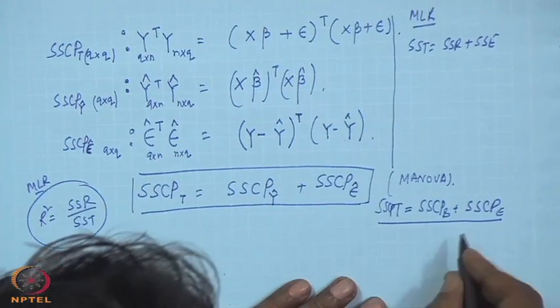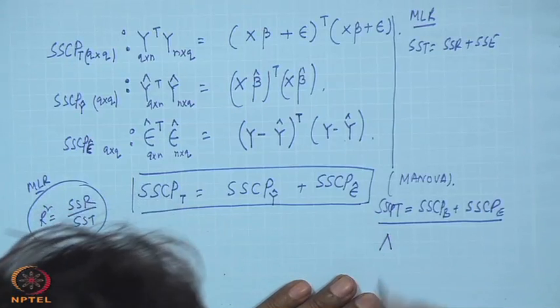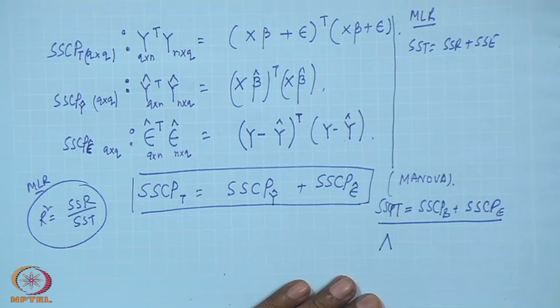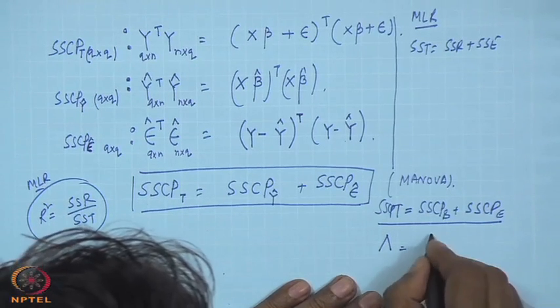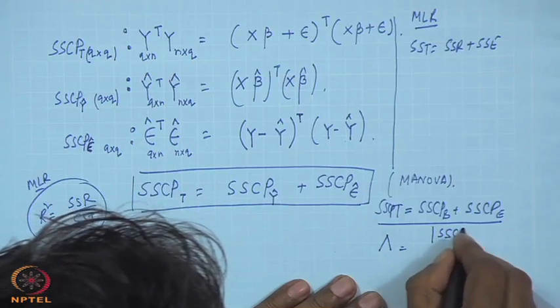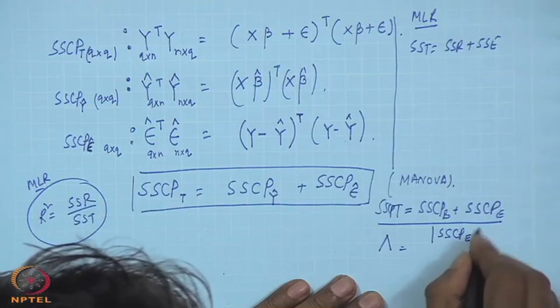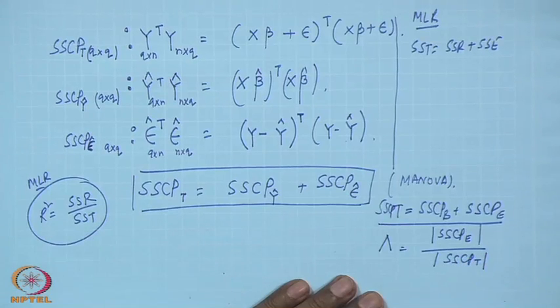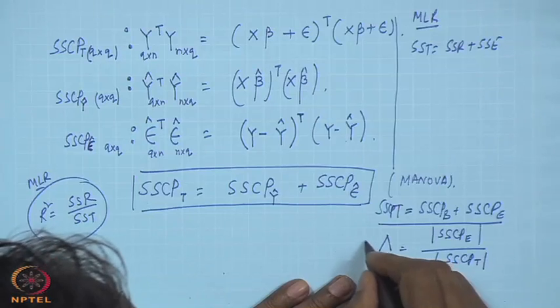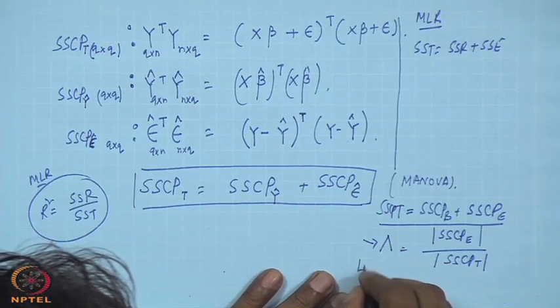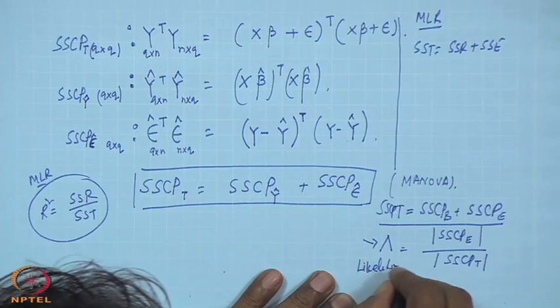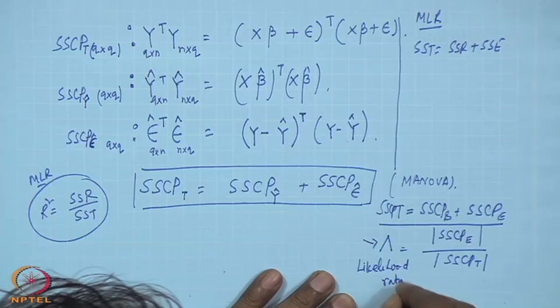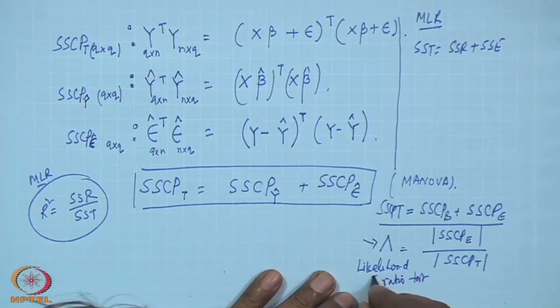But in MANOVA what we have done, we created Wilks lambda, that is SSCP E divided by SSCP total. So, this is the likelihood ratio test.